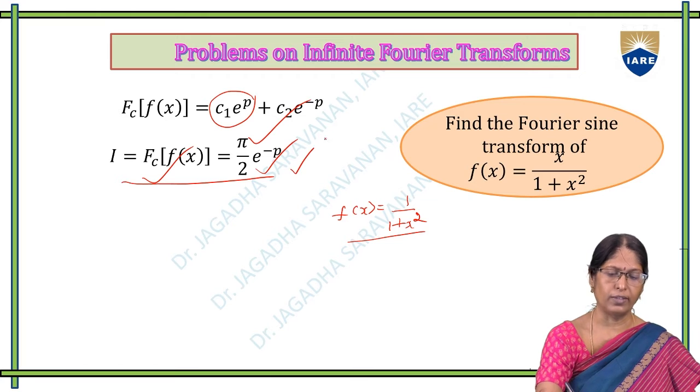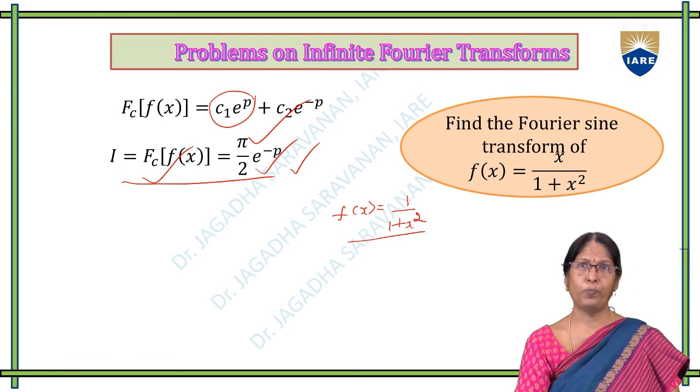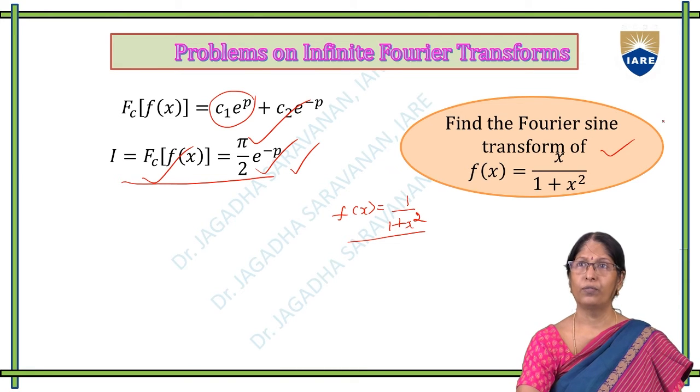This is the result we got. Whereas in the same problem, the second part is there. The second part is to find the Fourier sine transform of f of x equal to x by 1 plus x square.